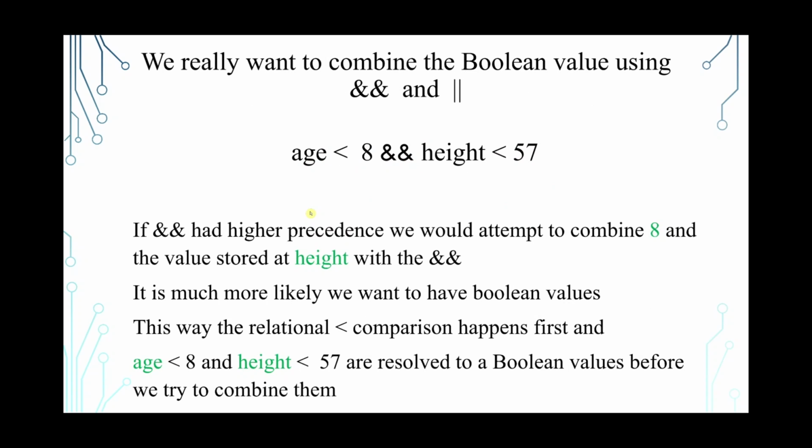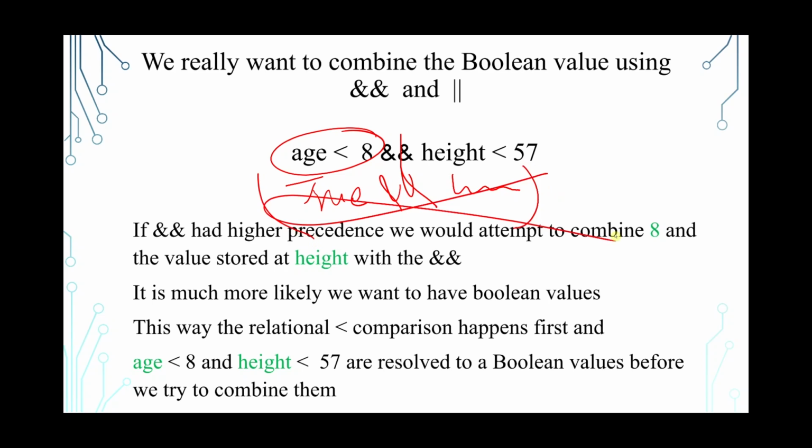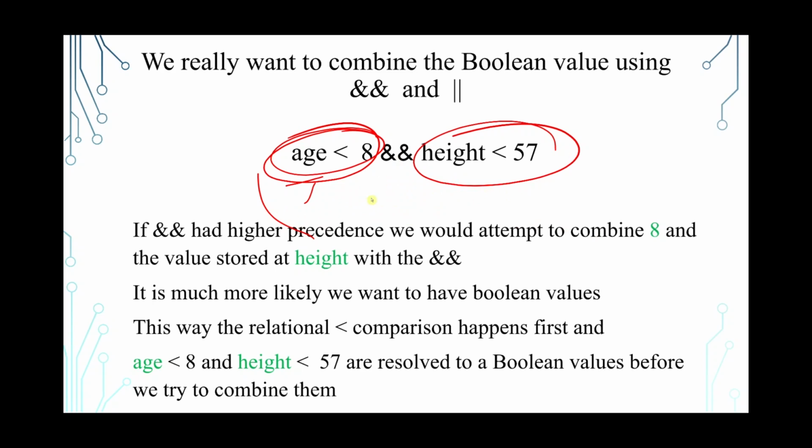If the ampersand had a higher precedence, then you'd say, let's say that was true, but then true and height? No. So this is why you should get this first, then this second, then you would be able to do this.